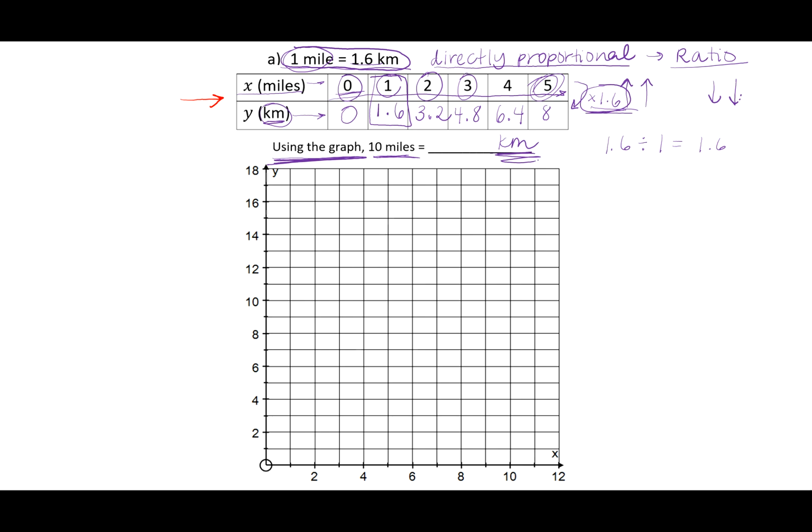We obviously know that to go from miles to kilometers, you might already say, I already know that I multiply by 1.6. So if I have 10 miles, I know to multiply that by 1.6 to find my missing value of kilometers. But we still need to plot our values in this graph and hopefully see that it will match.